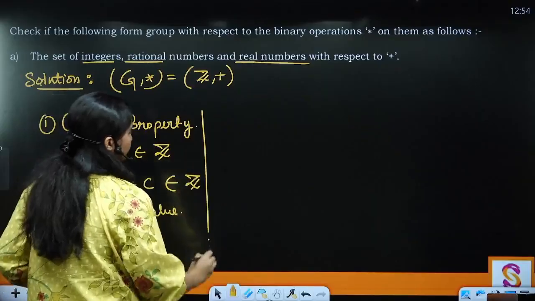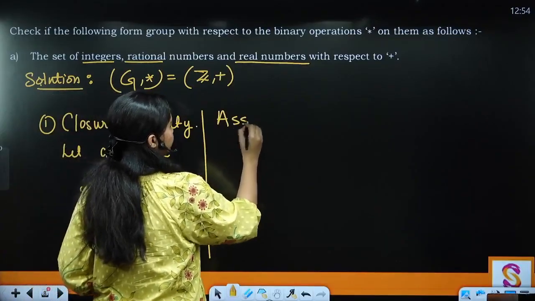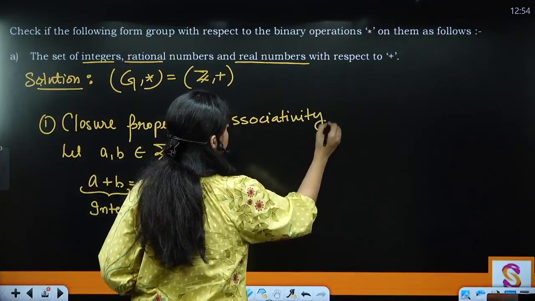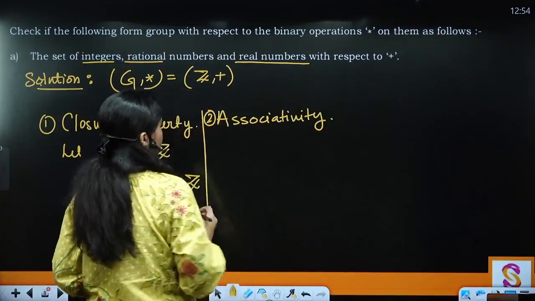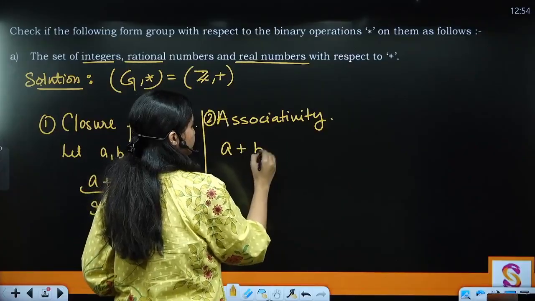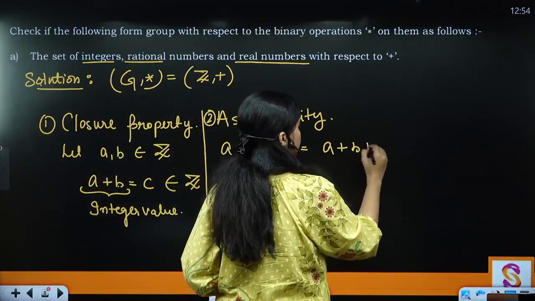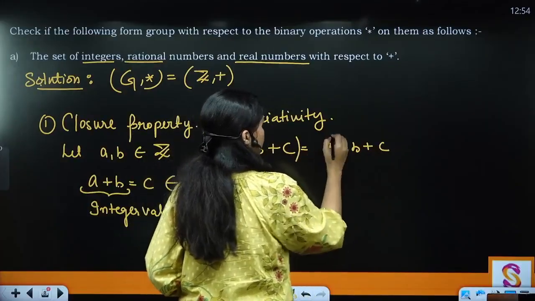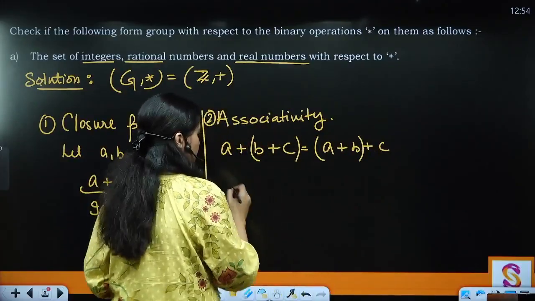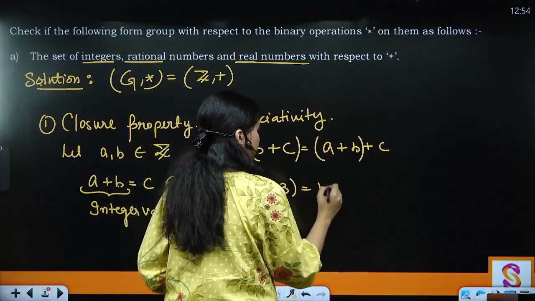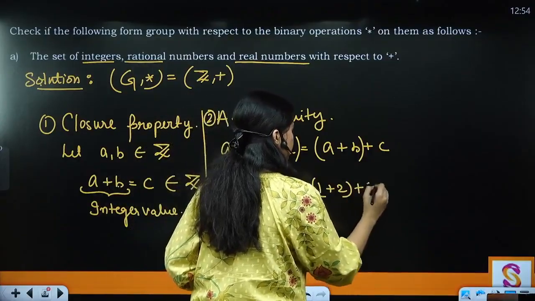Okay, next up we have associativity. Now, A plus B plus C equals A plus B plus C. You can take any examples also. 1, 2 and 3 I'll take here, and 1 plus 2 plus 3.